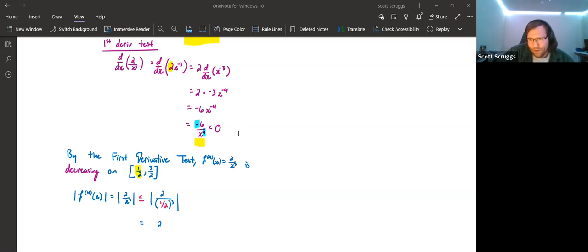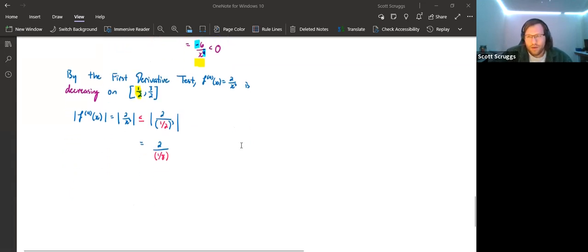So I have 2 divided by 1/2 cubed. 2 cubed is 8, which means 1/2 cubed will be 1/8. Dividing by a fraction is the same as multiplying by its reciprocal, giving me 16 in the end.